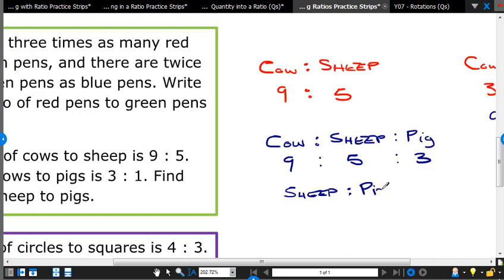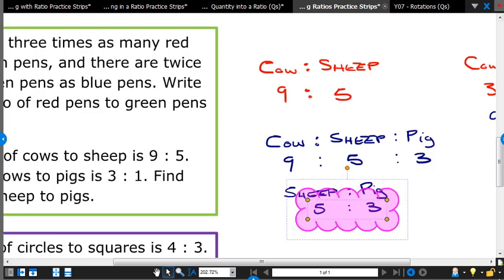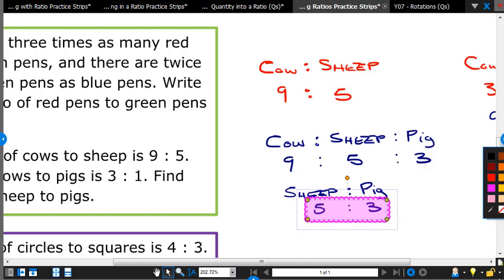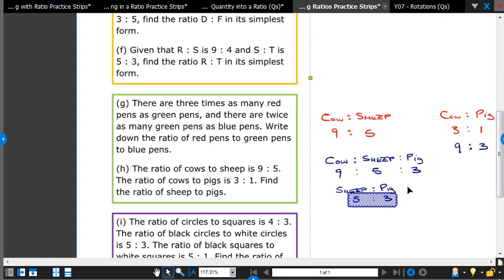We only want sheep and pigs. So sheep is 5. For every 5 sheep, there are 3 pigs. Easy peasy. Alrighty, there we go. And now we can move on. Sheep to pig, 5 to 3.